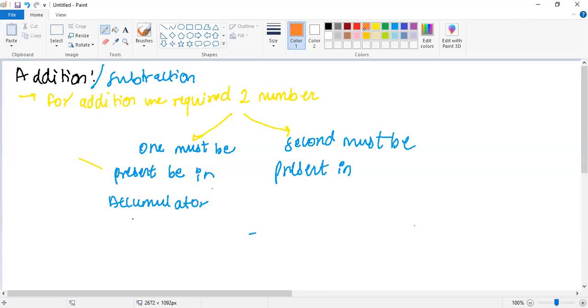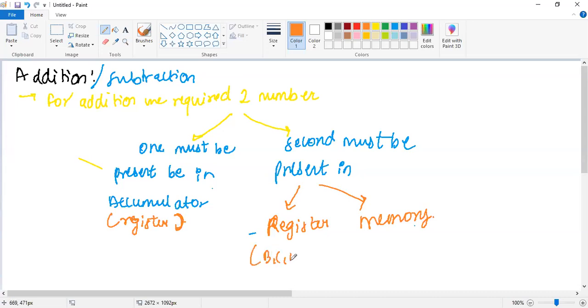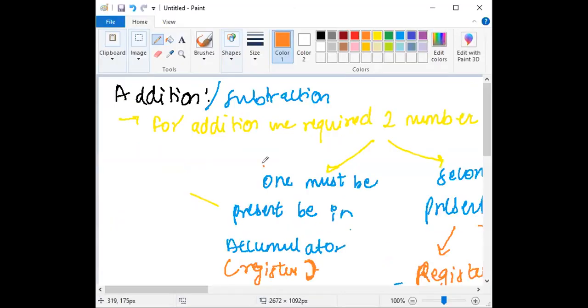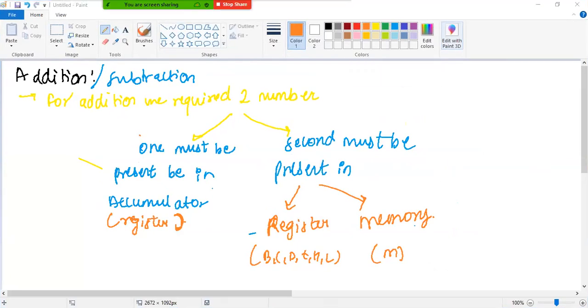either in your register or in your memory. Accumulator is a type of register only. Register means your B, C, D, E, H, and L, and this is your memory.